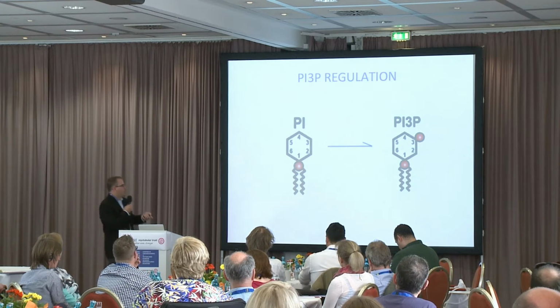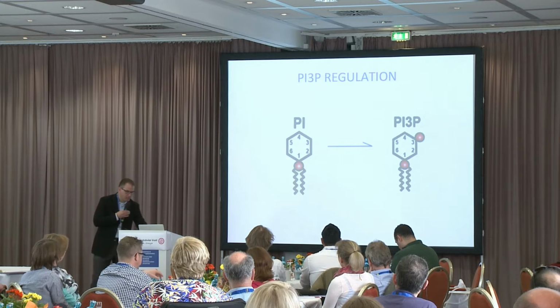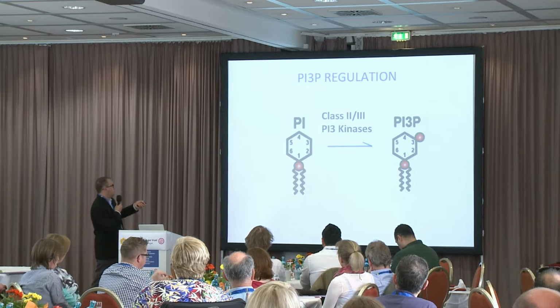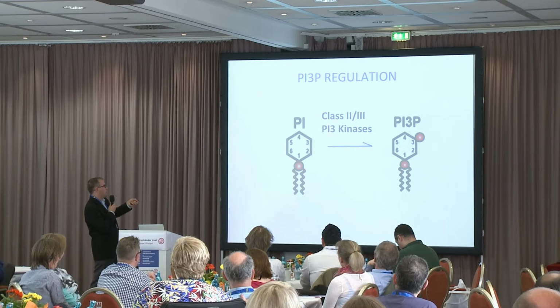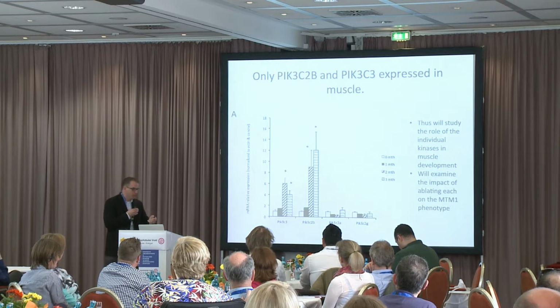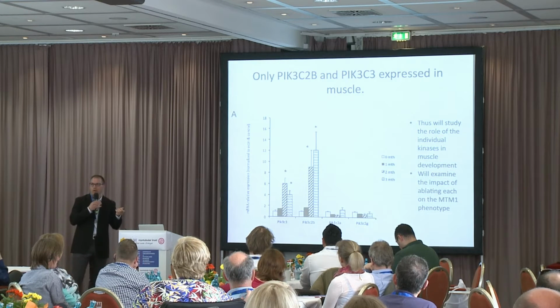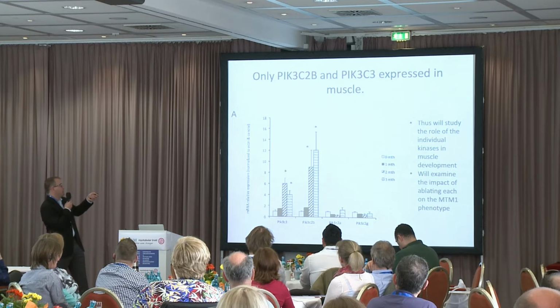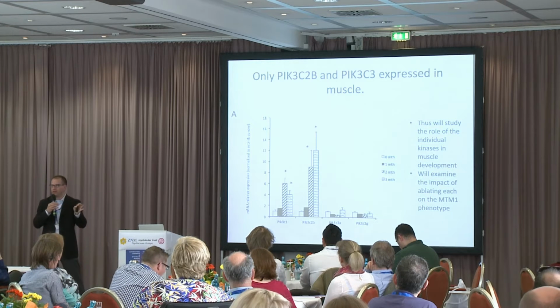Now, in all cells in the body, this process happens. And there are two sets of kinases, these PI3 kinases, that can make PI3P. And in the muscle, there are two specific proteins, two enzymes, that make PI3P. They have very, very unfortunate names.